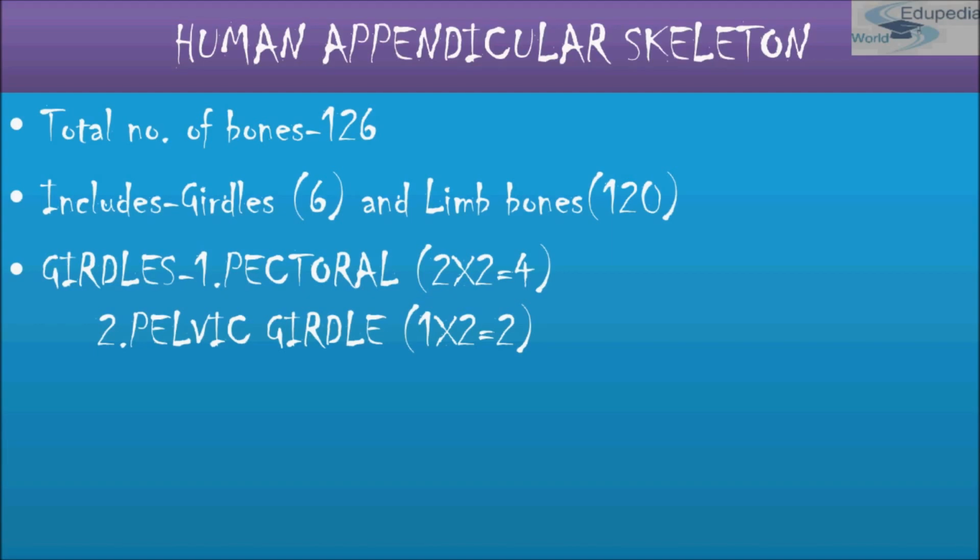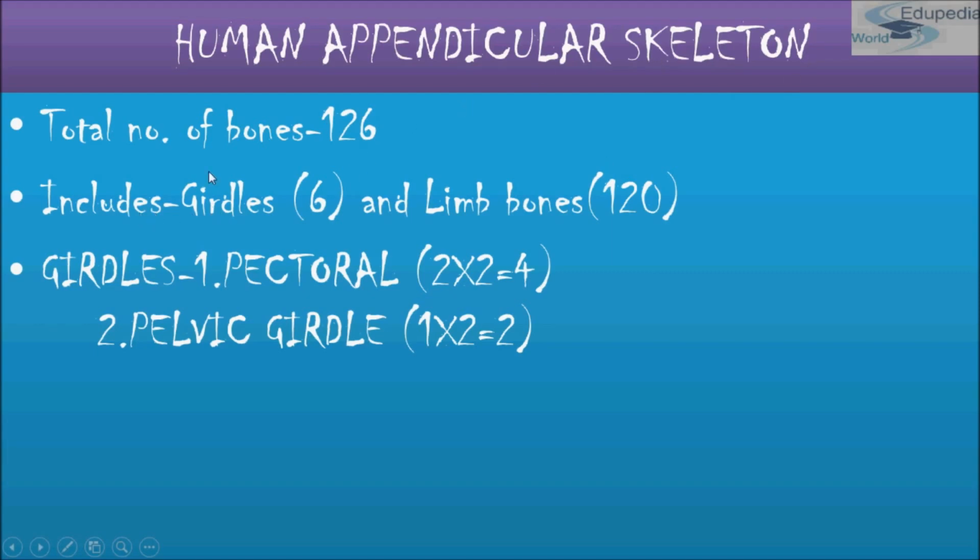Each limb is made up of 30 bones. The bones of hand we call forelimbs, and the bones of legs are known as hind limbs. So the total number of bones found in human appendicular skeleton is 126.